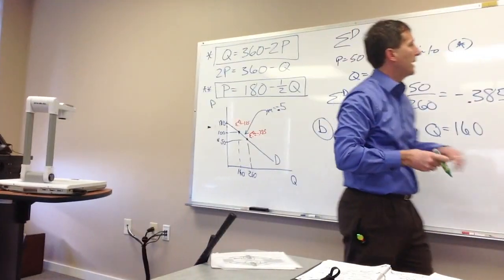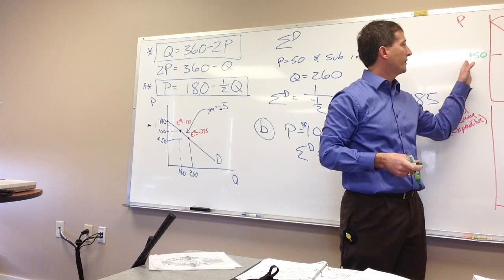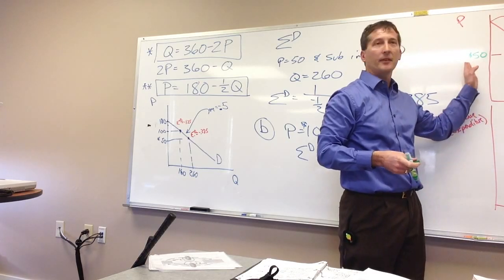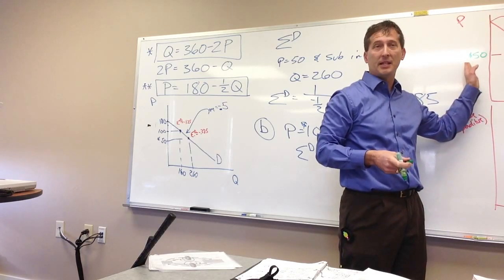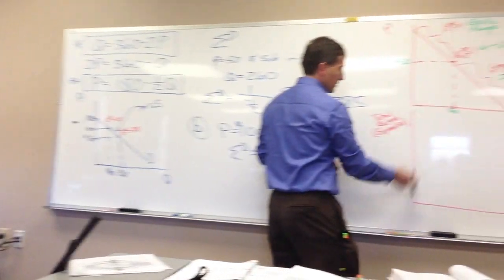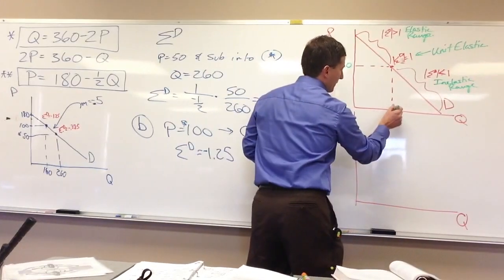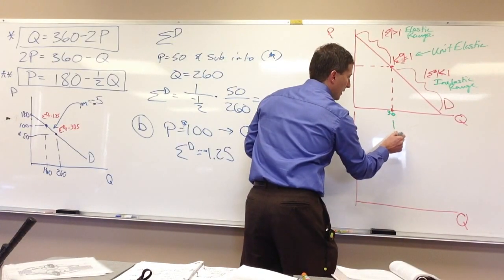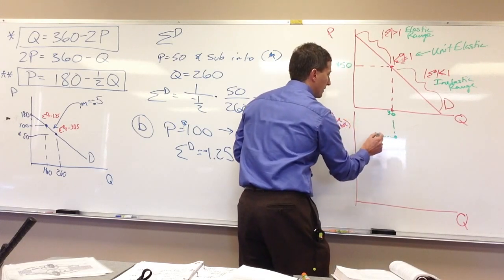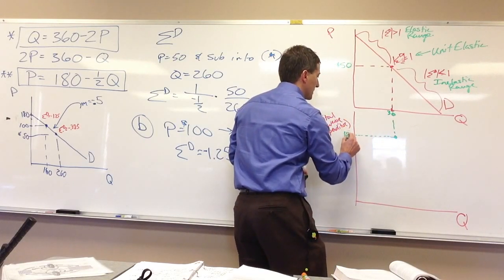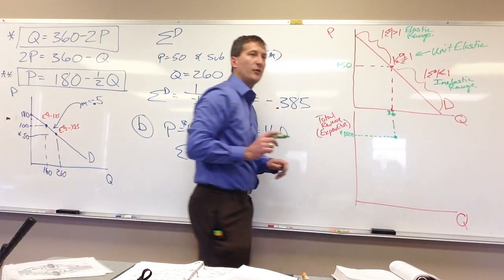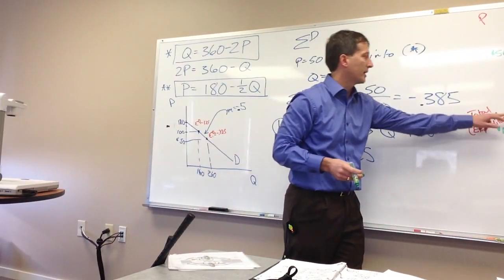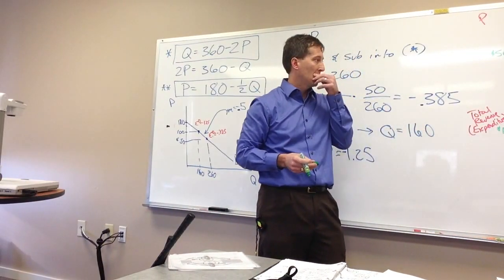What's our total spending? 30 items at $50 a pop, $1,500. So downstairs in this graph, that corresponds to a point where spending is $1,500. The P times the Q is here.